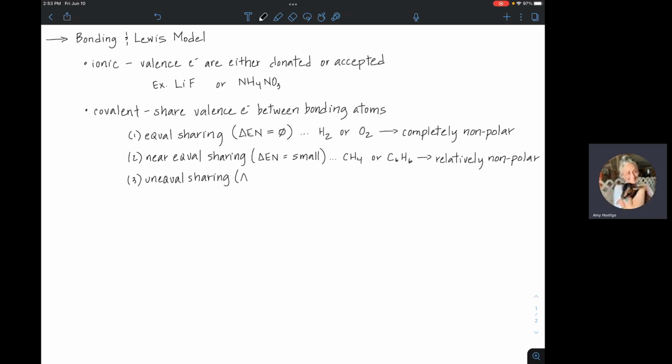So you've got a difference in electronegativity that is not large enough to be ionic, but it's a pretty decent amount to cause the electron density to be residing down one particular side of the bond, with the more electronegative element.